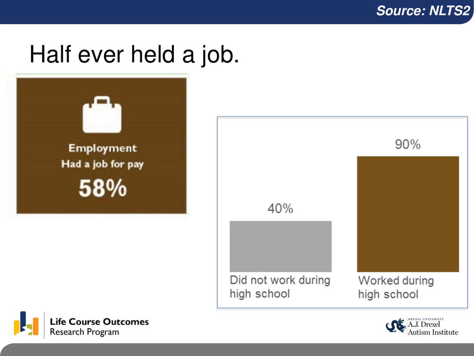And then the way the study operated was they recontacted these families every couple of years to continue checking in and gathering more data. And then that went on until these young people were in their mid-20s. So this particular slide is based on adding up all the data we had from the first six years after people leave high school.